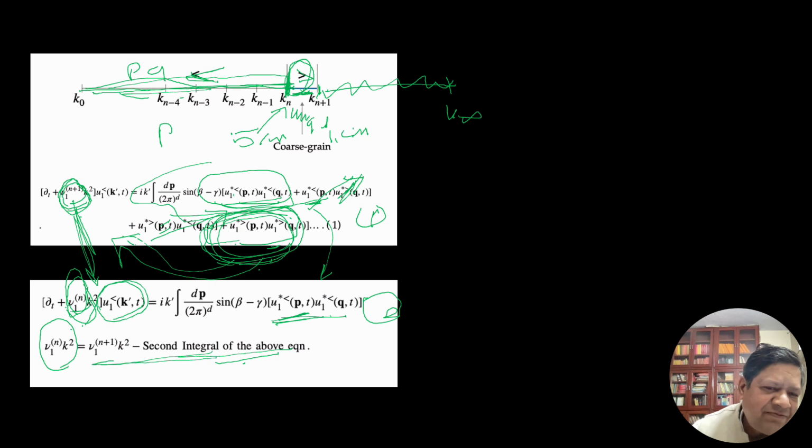Okay, and so add that to nu n plus 1 k squared. The second integral will subtract because it goes to the left side. This is nu n k squared. It turns out the second integral has a negative sign. So negative becomes positive. So nu n plus 1 k squared gets a positive addition of a positive number. So that's why nu 1 n is bigger. Okay. So this is what we need to show.